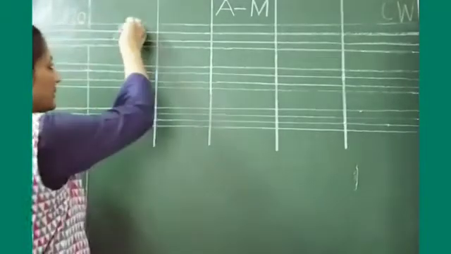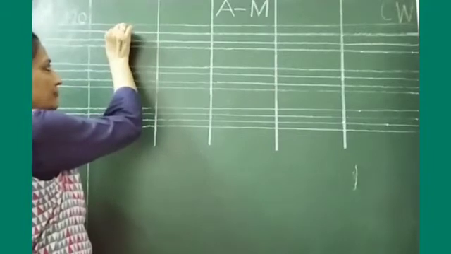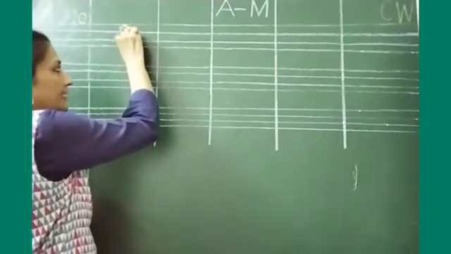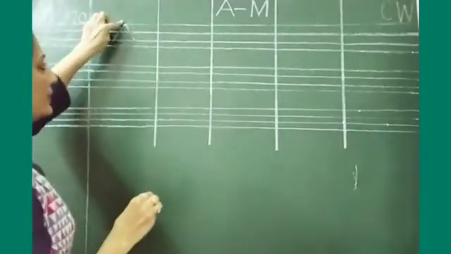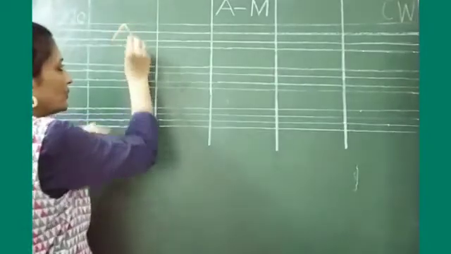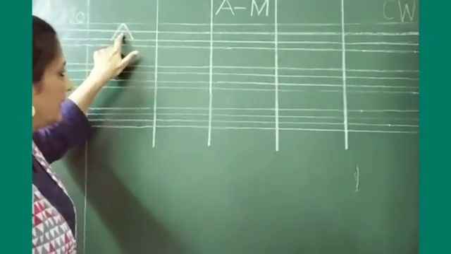So let us begin. We will make a slanting line starting from the red top line and another slanting line starting from the red top line, and a sleeping line in between on this first blue line.